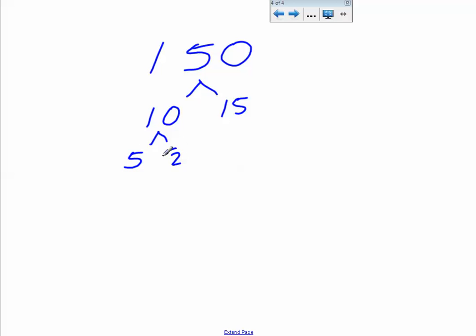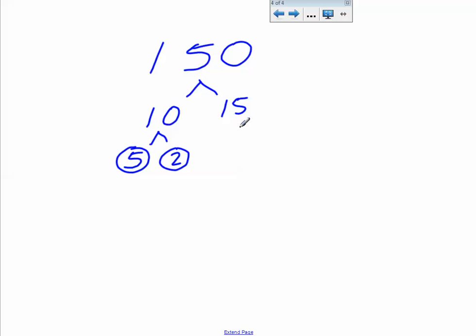Okay, let's try a larger one. 150. Well, the fact that it ends in a 0 tells me right off the bat that I can use 10 and 15. Now 10 is not prime, so I can keep going to 5 and 2, and that is prime. 15.